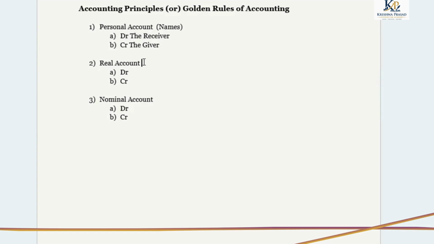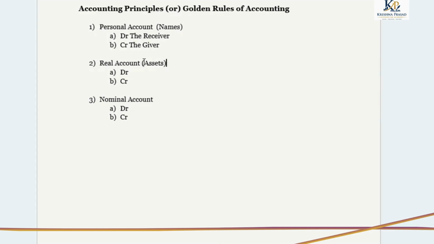Next we come to the real account. Real account means it completely deals with assets, not with goods, assets. Whether it is current assets or fixed assets, tangible assets or intangible assets, movable assets or immovable assets, any kind of it comes under real accounts. For example, a table is there. A table is a physical quantity, right?